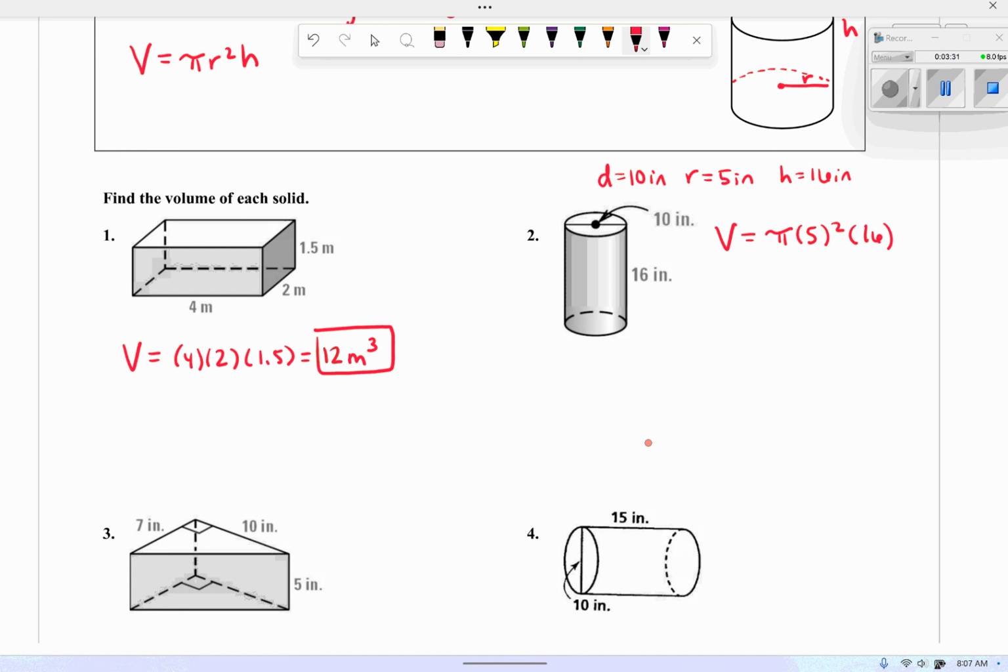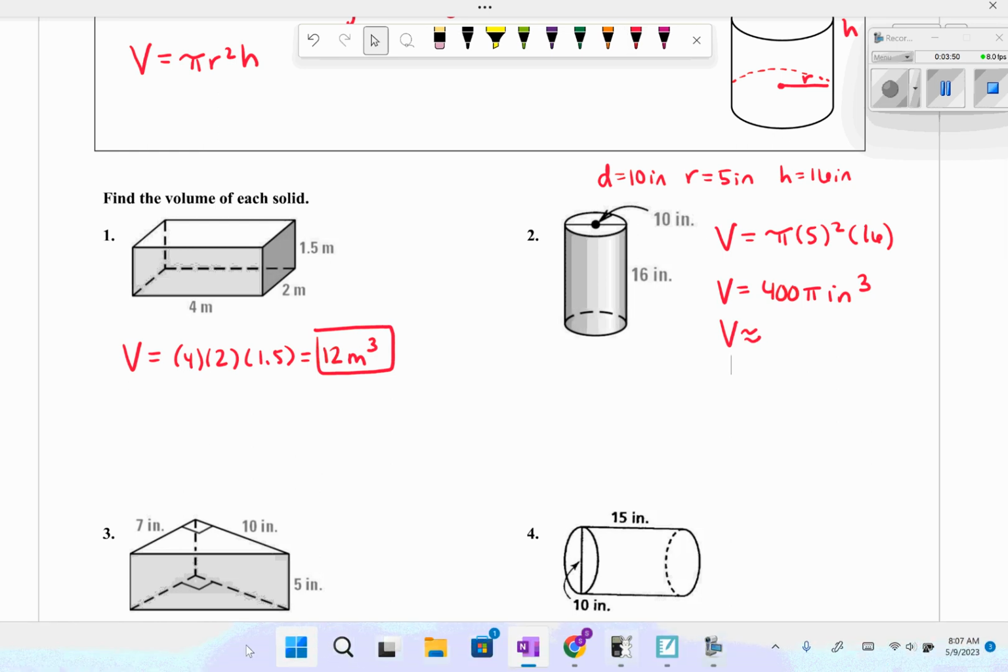And I'm going to write my answer in the exact answer form and then also write it as a decimal. So in this case, we get the volume's equal to 25, because that's 5 squared, times 16 gives us 400. So 400 pi cubic inches would be the exact volume. And if we wanted to do the estimate, we could use our calculator.